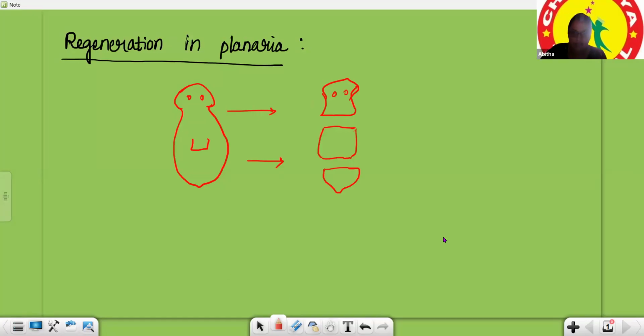One is the head cut, another is the trunk, next the tail. So we separated them into 3. As there are 3 parts, each can become a new individual again. From each part, an entire organism is formed.